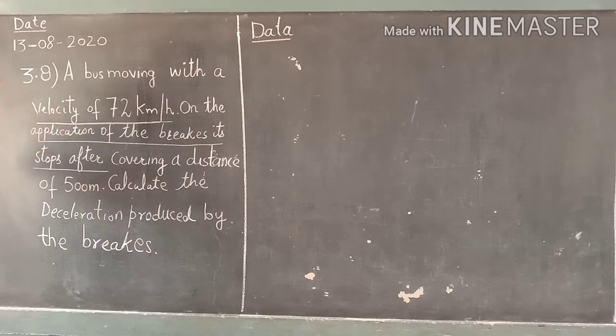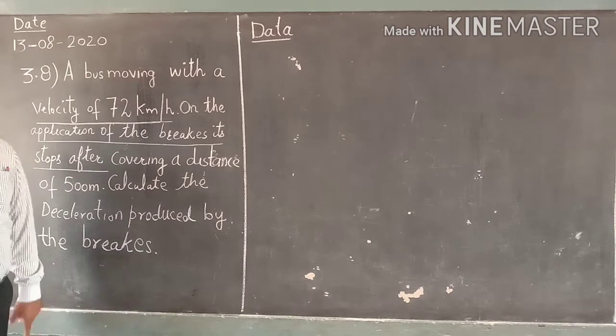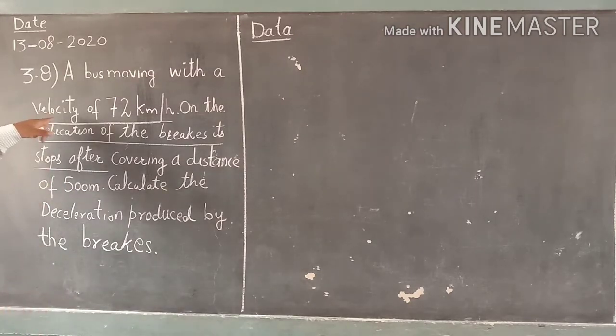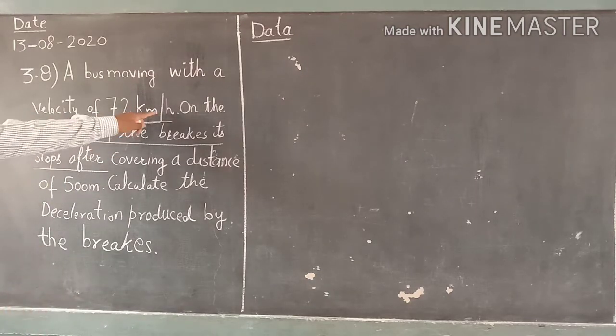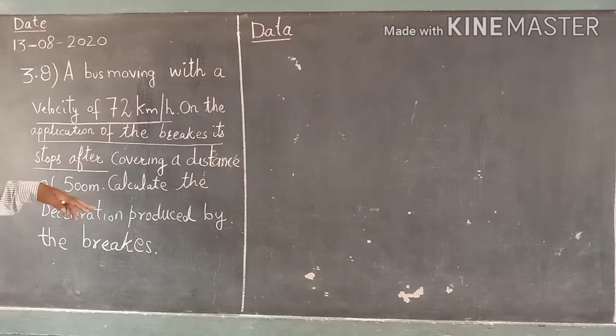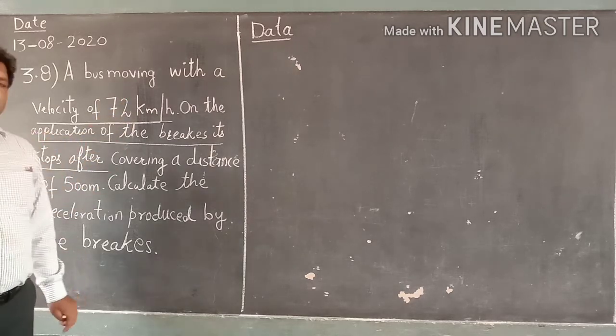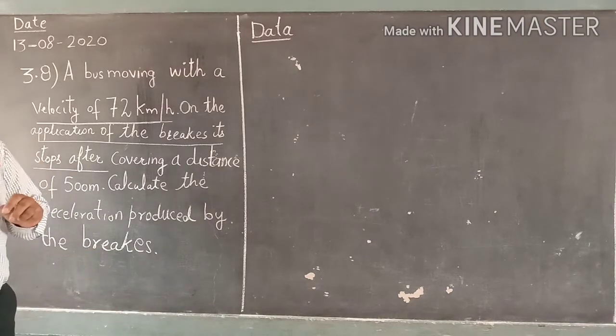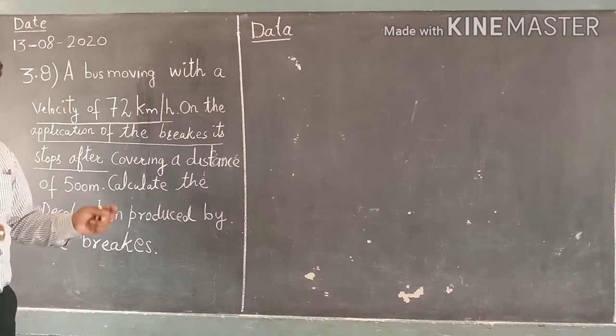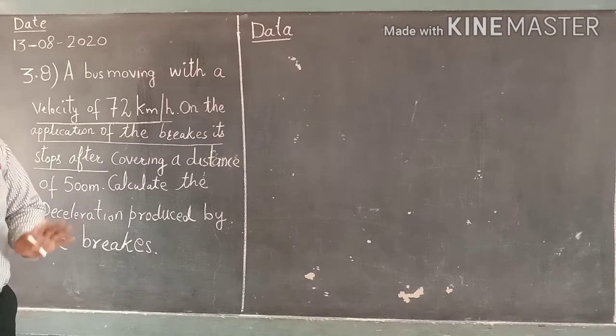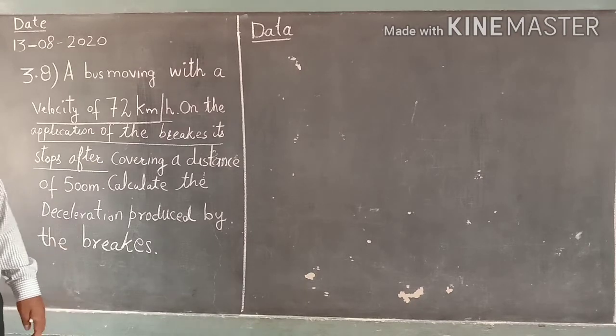So there are two velocities, initial velocity and final velocity. 72 km per hour is the initial velocity and the final velocity will be 0. Why will the final velocity be 0? When anybody stops suddenly on applying the brake, then the final velocity will be 0.